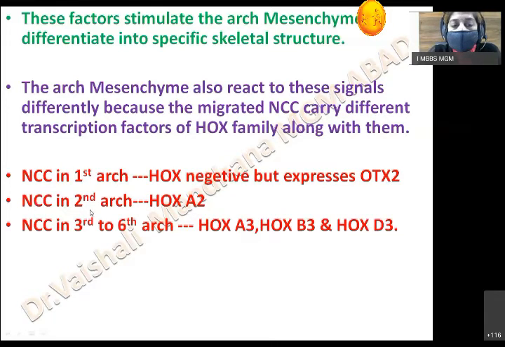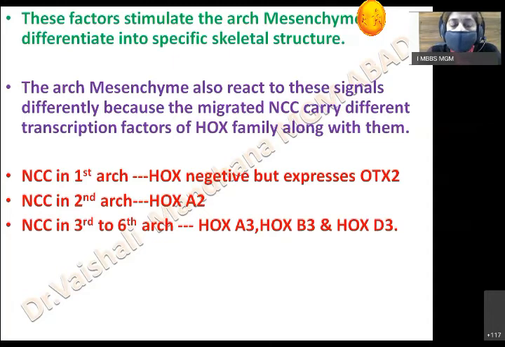Neural crest cells in the second arch have the Hox A2 transcription factor, and neural crest cells in the third to sixth arches have respectively Hox A3, Hox B3 and Hox B3 transcription factors. So neural crest cells migrate into the arches, but they carry different transcription factors along with them.